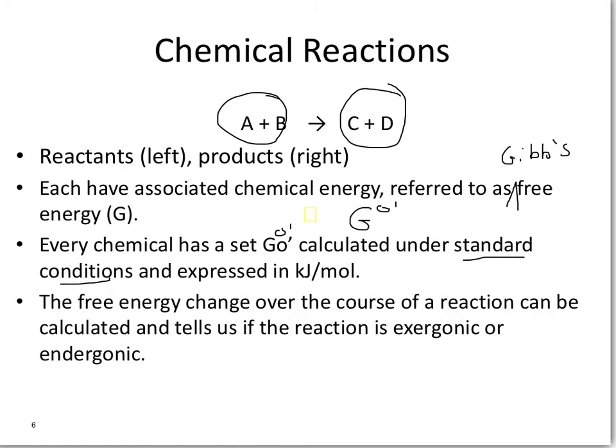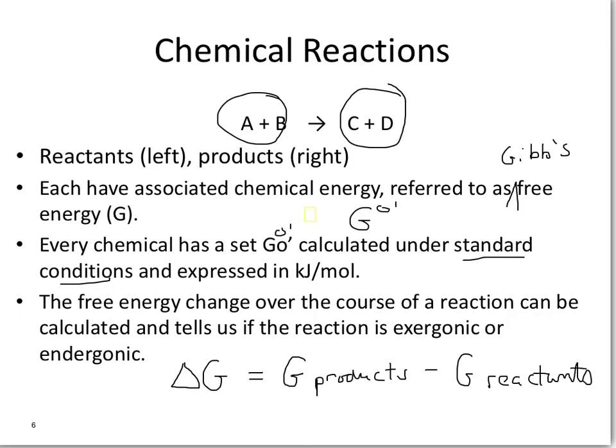If you consider the free energy change inherent in a reaction over the course of a reaction, as A and B react to form C and D, then the free energy will change over the course of the reaction, and we can calculate that change, and in doing so we come up with a value known as delta G. Delta G is going to equal the free energy of the products minus the free energy of the reactants.